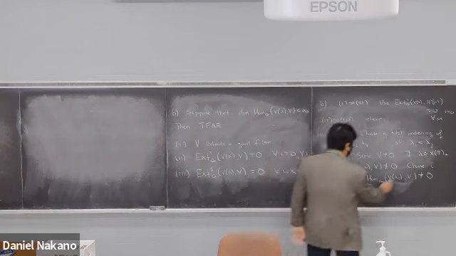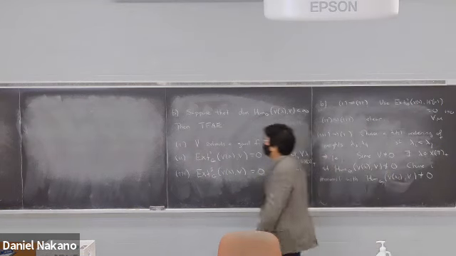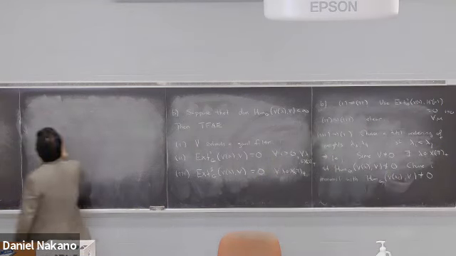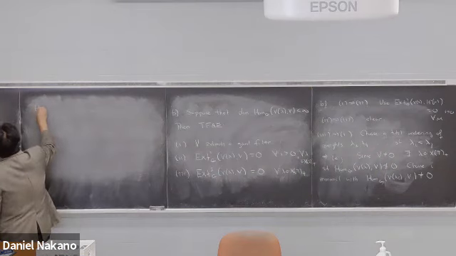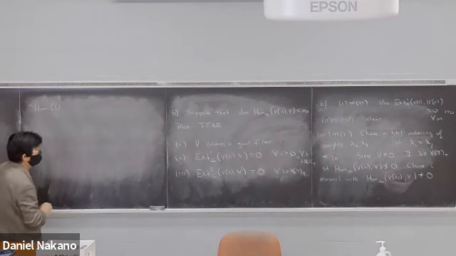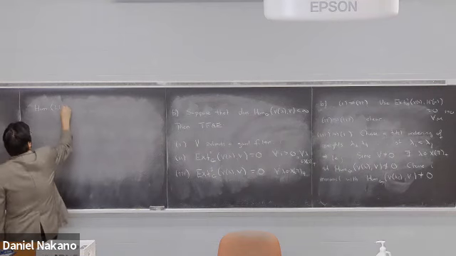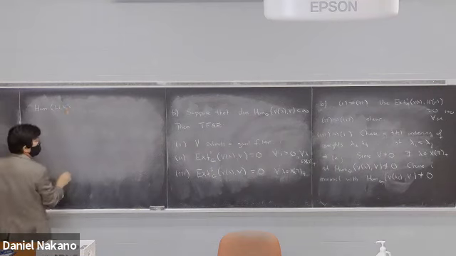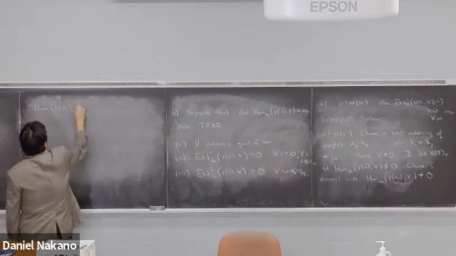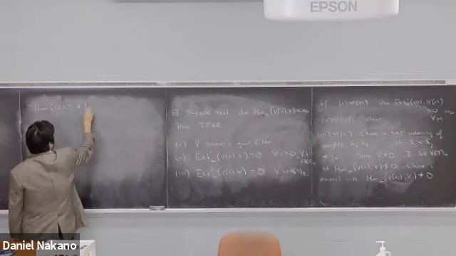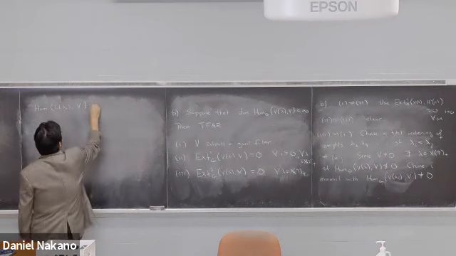Well, the first thing we know is that the Hom from L of lambda I to V is not equal to 0.